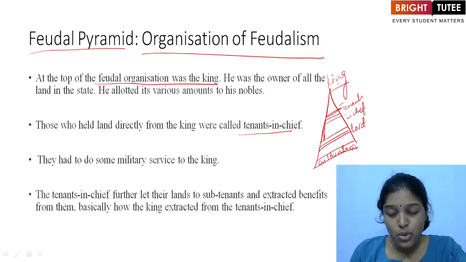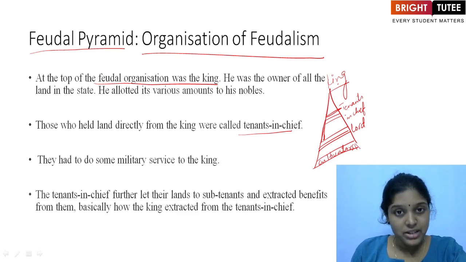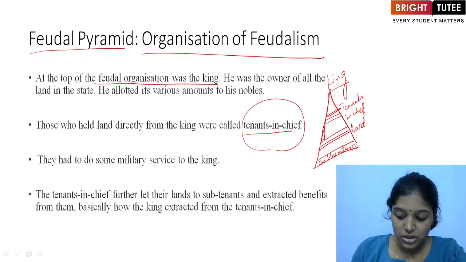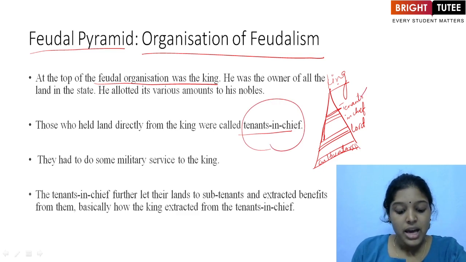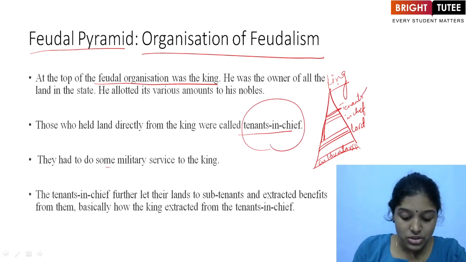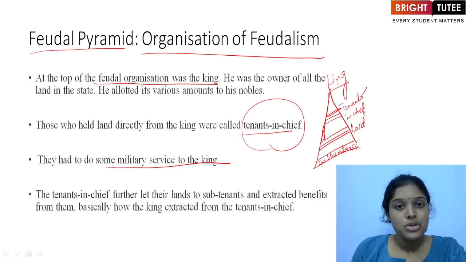So this is how the whole pyramidal structure of feudalism is organized. Those who held land directly from the king are the category of tenants-in-chief, and they had to provide military service to the king. So in return, the service which the tenants-in-chief had to give the king was military service.